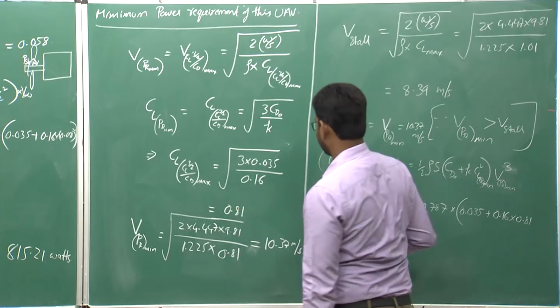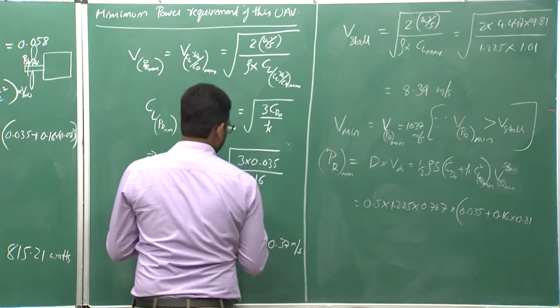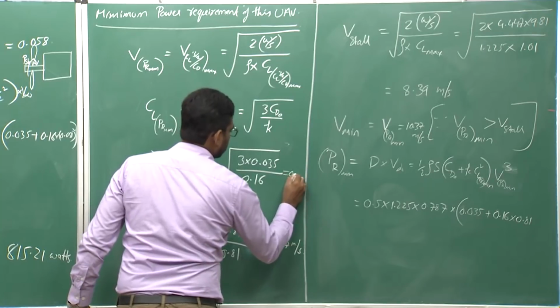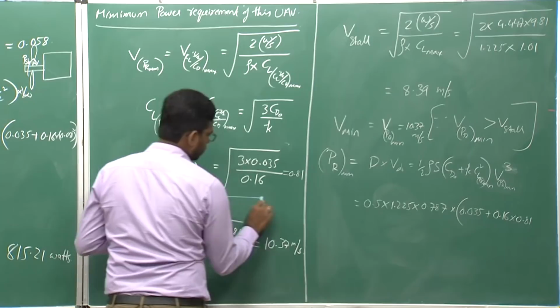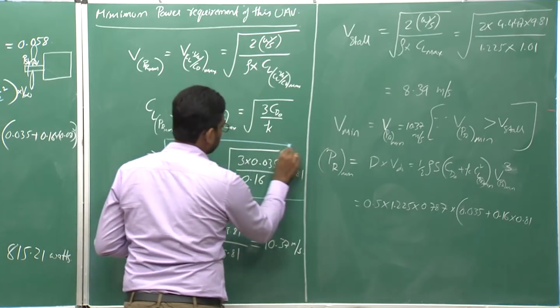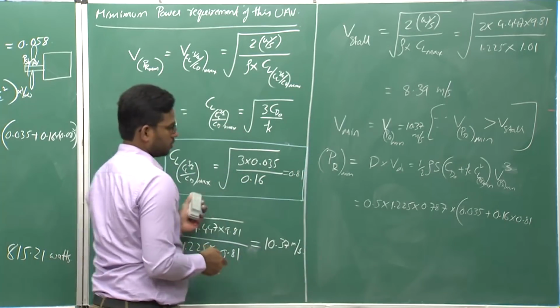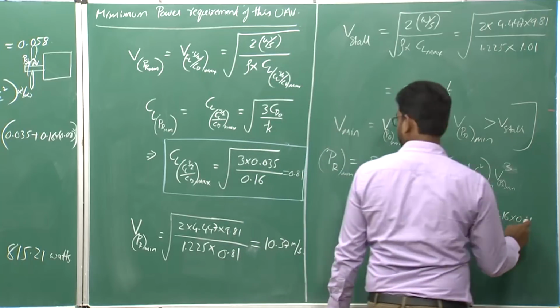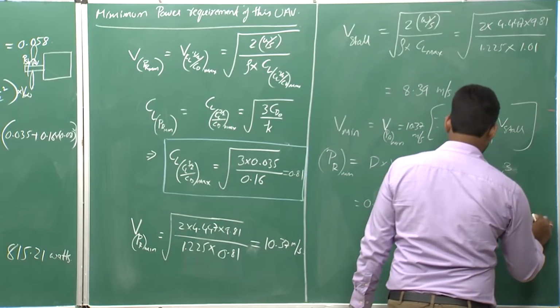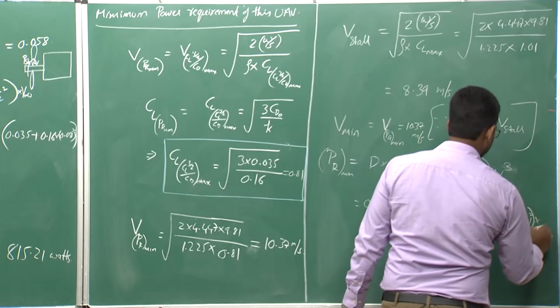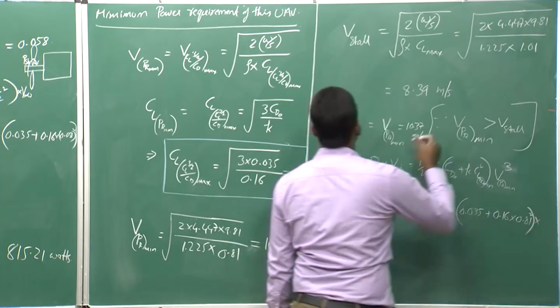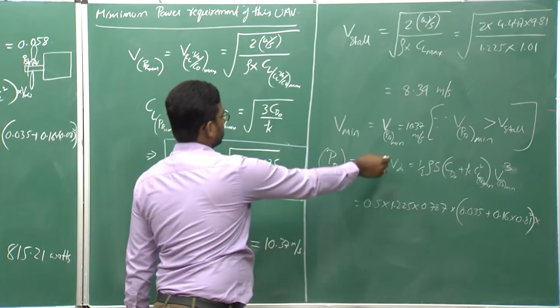So, you need to substitute this value in this equation. 0.81 square times, and the corresponding velocity for minimum power requirement is 10.37.